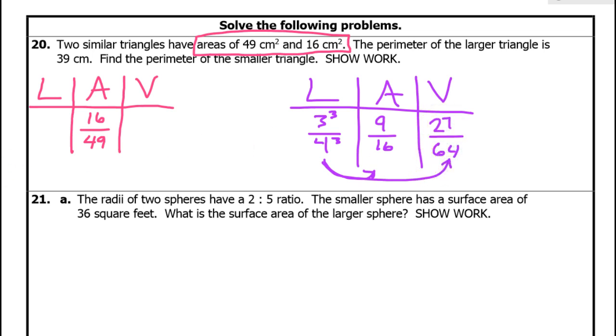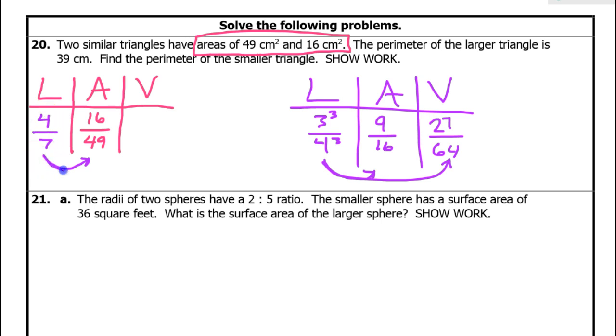So we have to ask ourselves, what length scale factor, if you squared it, would give you 16 over 49? What squared is 16? That would be 4. What squared gives you 49? That would be 7. So the length scale factor must be 4 to 7.